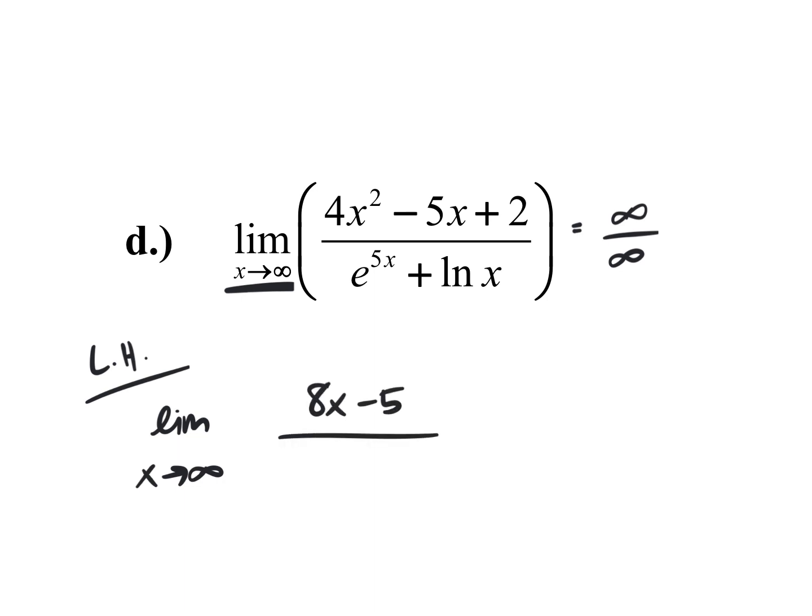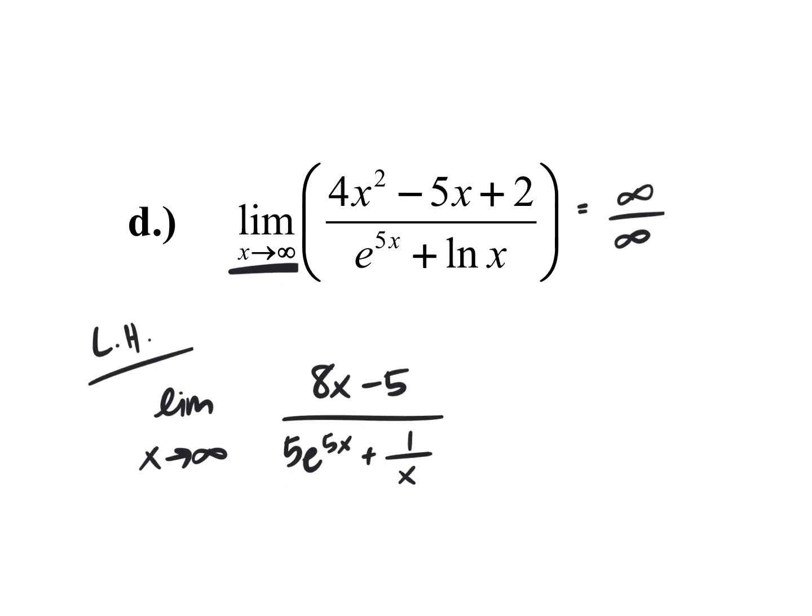On the bottom, e to the 5x, you have to use the chain rule. So derivative of e to the 5x is e to the 5x times 5. I'm going to write it as 5e to the 5x. And then derivative of natural log of x would be 1 over x. Okay, let's plug in infinity again.